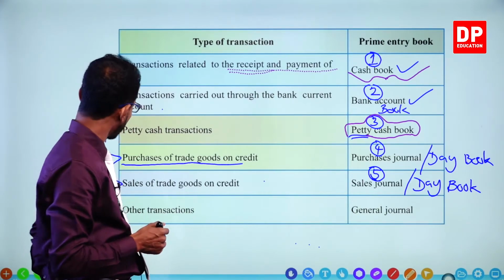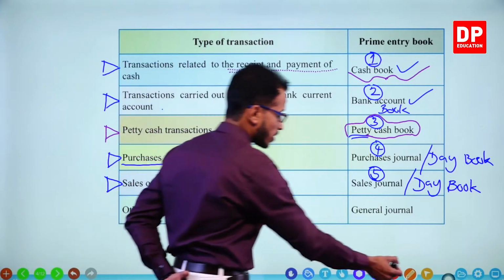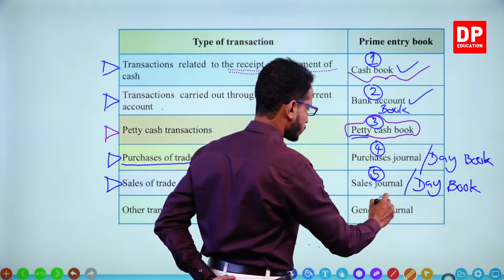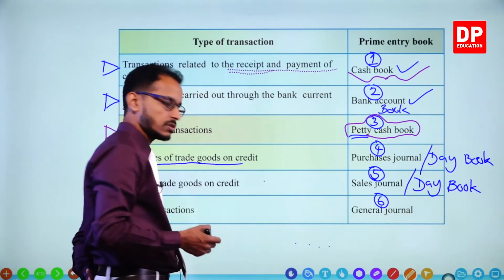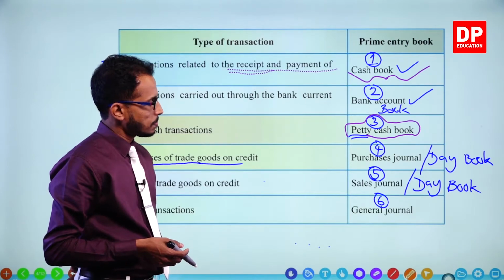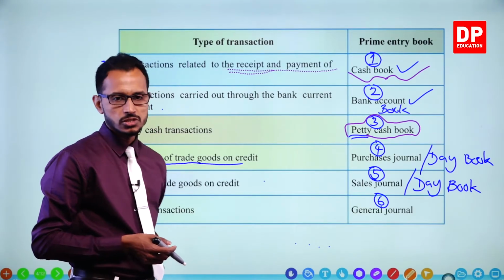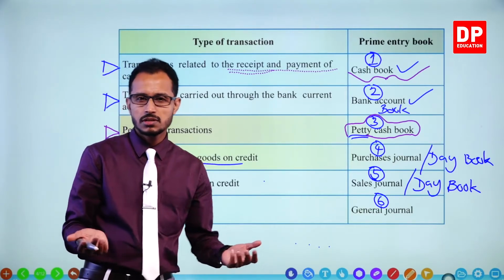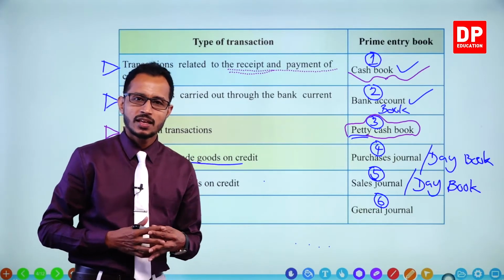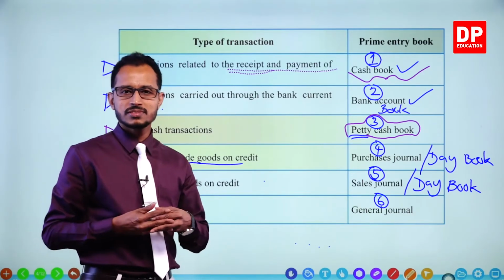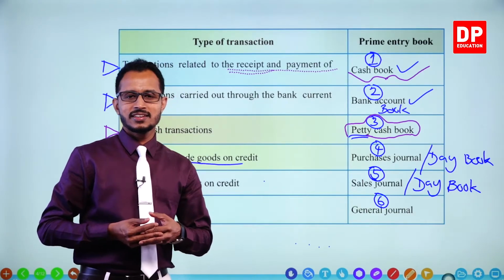So that's that. Finally, we have the general journal. The name itself says general.